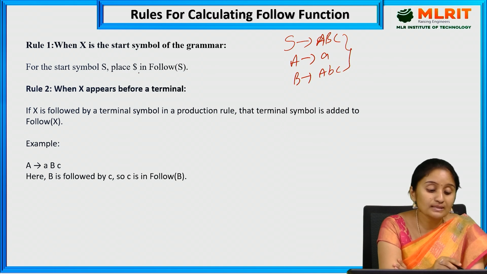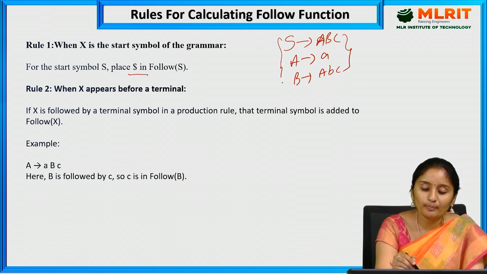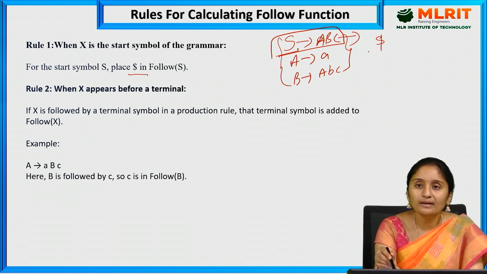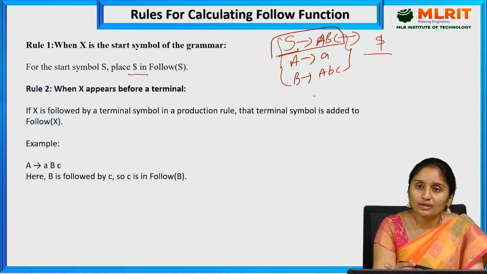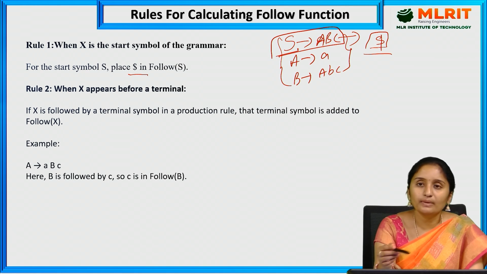The start symbol will hold $. In my whole grammar, this is my start symbol, so the start symbol will hold $. Not all the statements, only the start symbol will hold the dollar. Including the follow functions, it acts as one more value, that is nothing but the dollar.